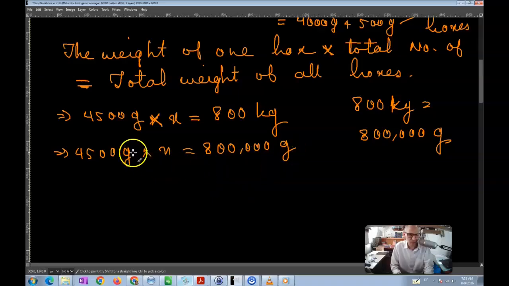Now that we have the same units, I can simplify grams and grams from both sides of the equation. For the sake of simplicity, I can simplify them.